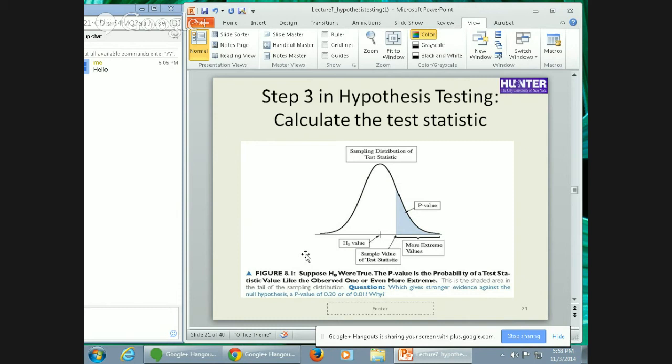There is such a thing as a one-sided confidence interval, which we don't cover in this course, but it is possible, and it only has a margin of error in one direction. And it would involve calculating one tail of this instead of two. And that margin of error would be different. So it is possible. It's very rare that you would want to do that.